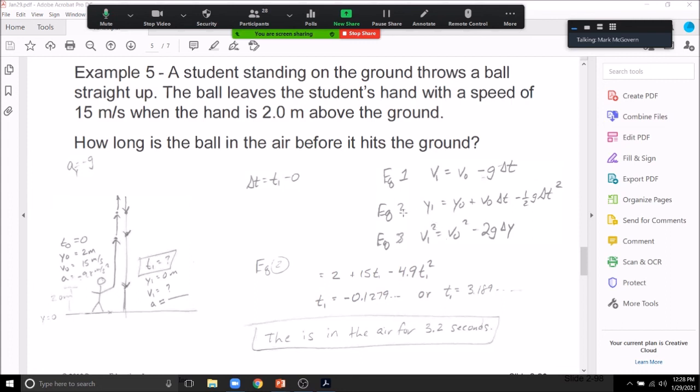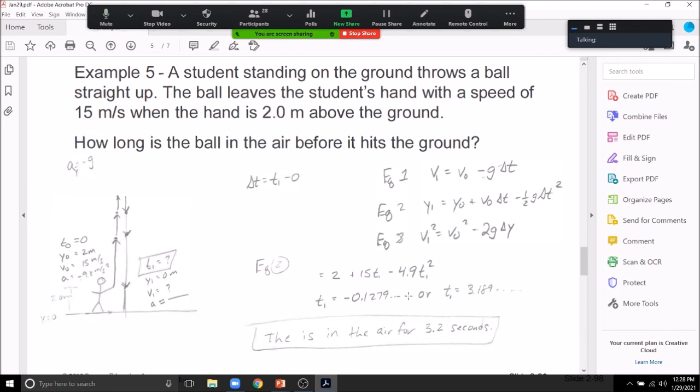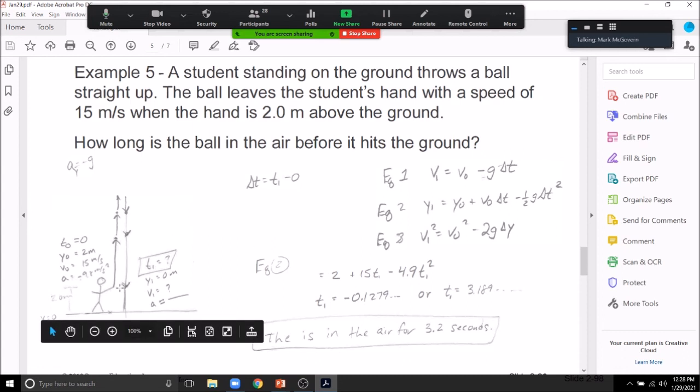So I'm going to go with equation 2 here because I do know everything except for time. The only downside is it is a quadratic, which is not the worst thing in the world, just a little tedious to solve. But anyway, you solve the quadratic, you get 2 times. One's negative, that's nonsense. The other one is 3.2 seconds. So it looks like it took 3.2 seconds for the ball to go up and come back down.